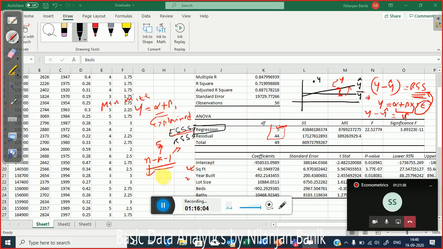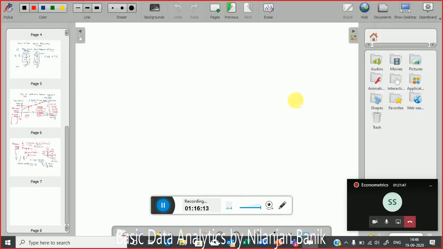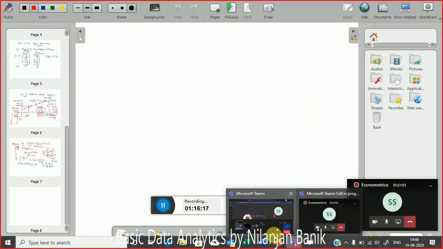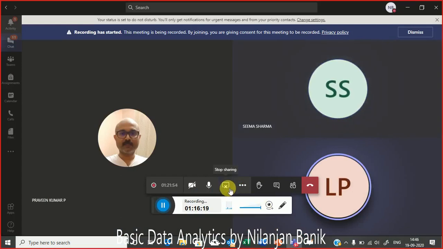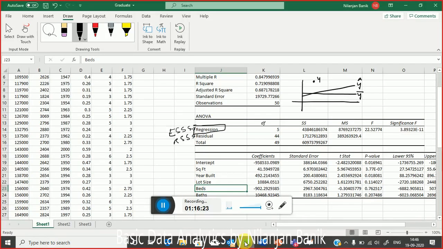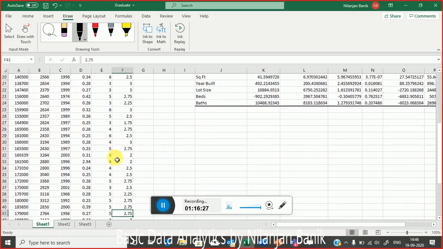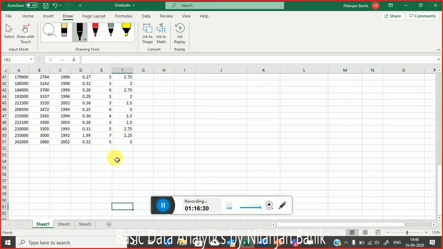And n, if you look into this file, are you able to see the screen? Yeah. Okay.